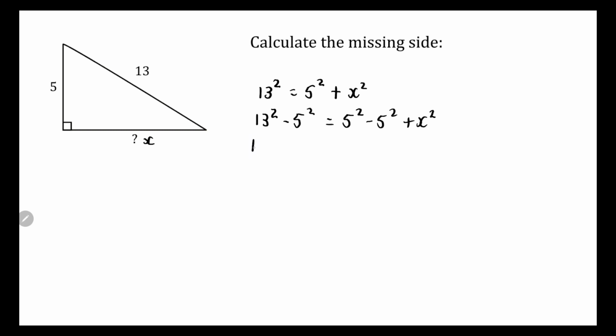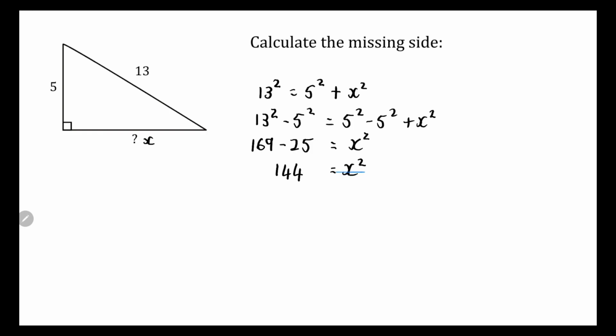And 13 squared is 169. 5 squared is 25. 5 squared minus 5 squared cancels out. Then you are left with x squared. And 169 minus 25 is 144. 144 is still equal to x squared.